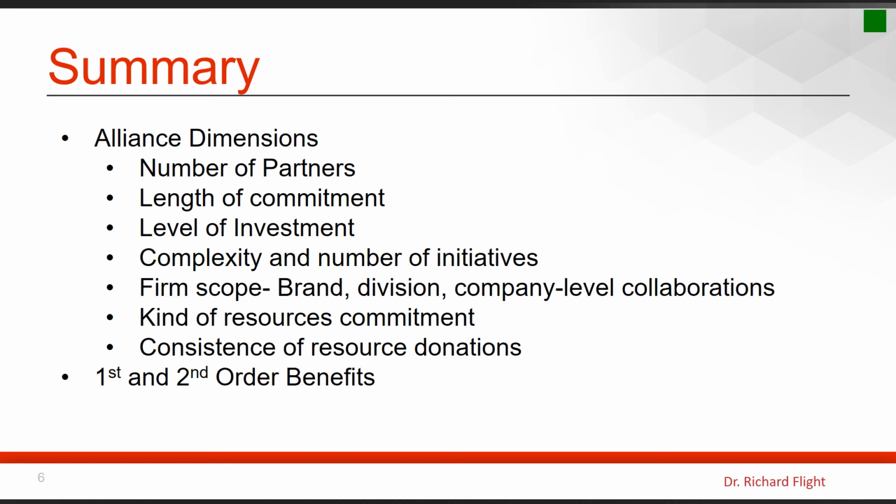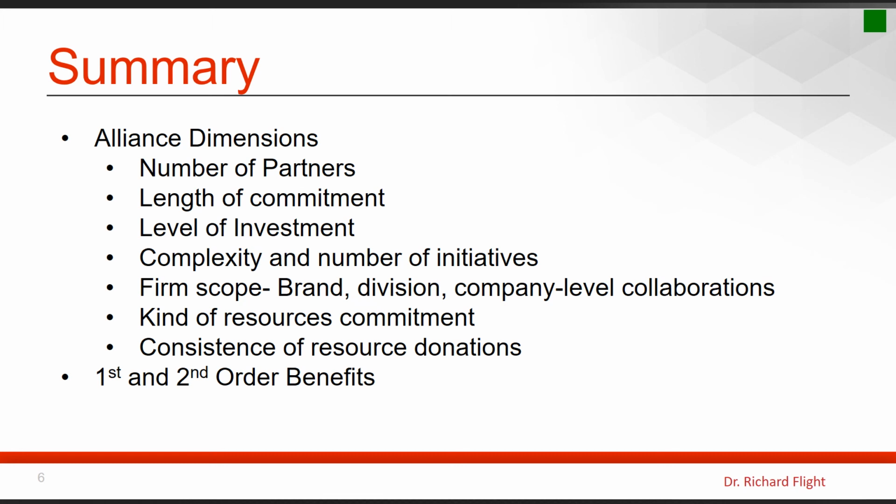And then we looked at first and second order benefits, and we kind of outlined for a for-profit what these first order benefits would be, which are primarily sales and other forms of direct revenue. And then also first order benefits for the nonprofit are primarily financial donations, expertise, maybe, and certainly volunteerism.